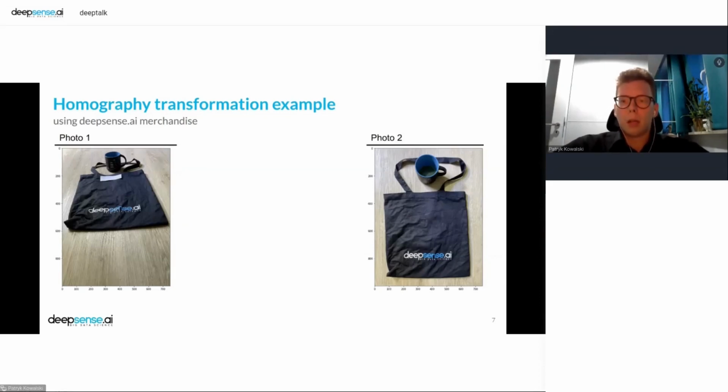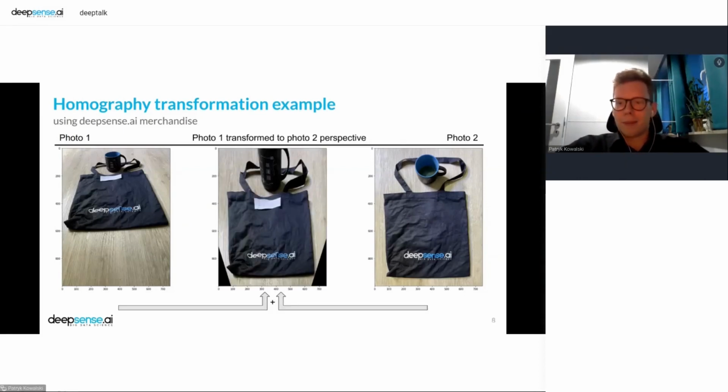So does it mean I will never know what was written on the piece of paper? It doesn't, because I can perform a perspective transformation and transform the image on the left to the perspective of the photo on the right, and see how the photo from the left would look from the top. And now it's easy to read that the piece of paper actually says deepsense.ai.